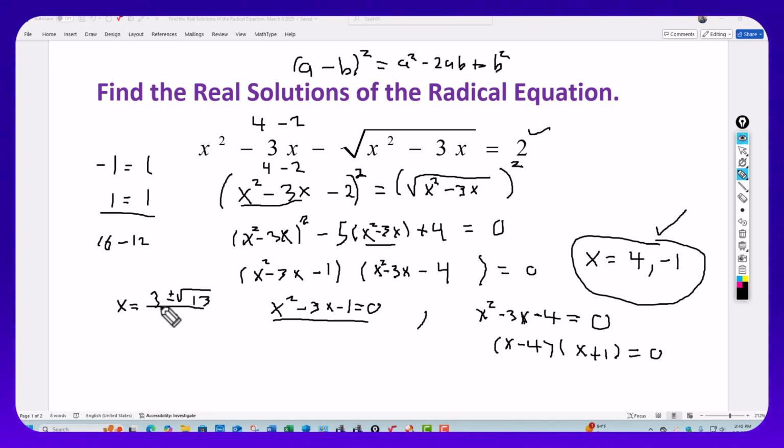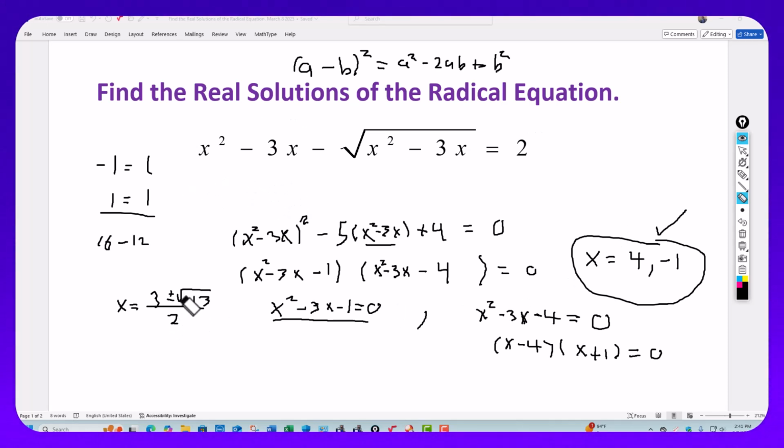Another one is 3 minus the square root of 13 over 2. And notice how messy, how tedious, I should say, this is going to be to check to see if these two are solutions, you'd have to plug it in here. Can you see a short way to confirm whether these two are solutions?